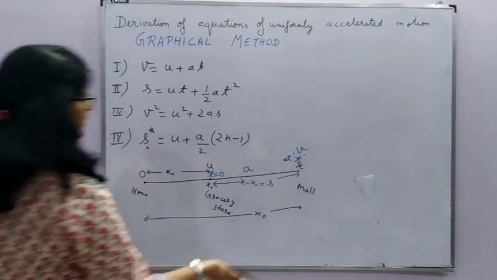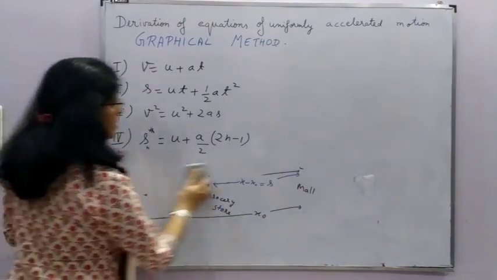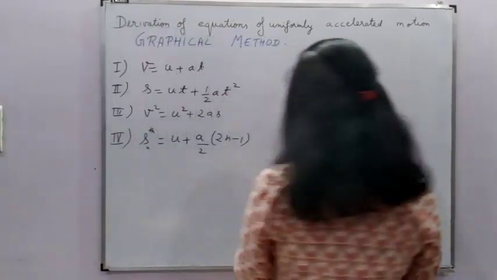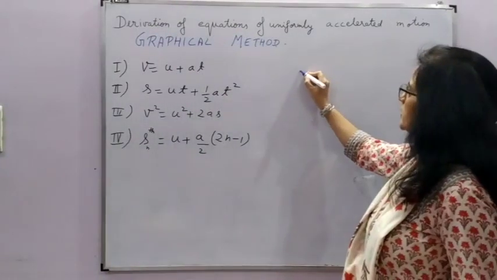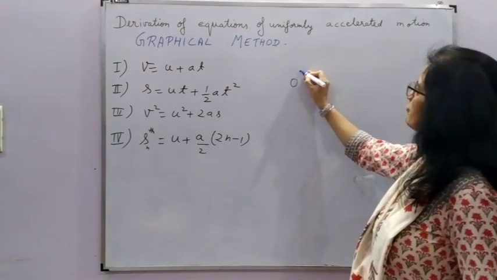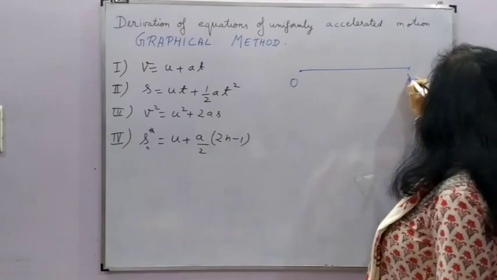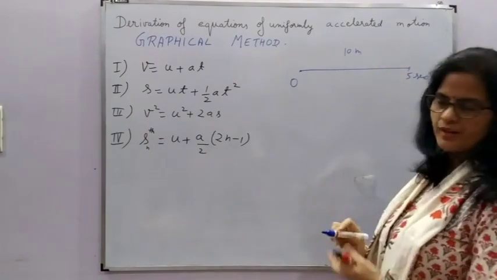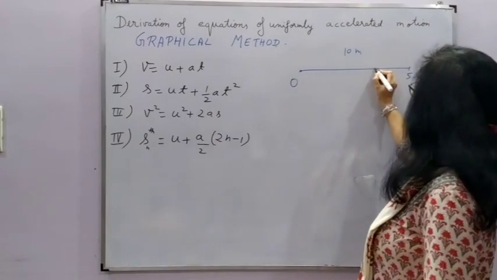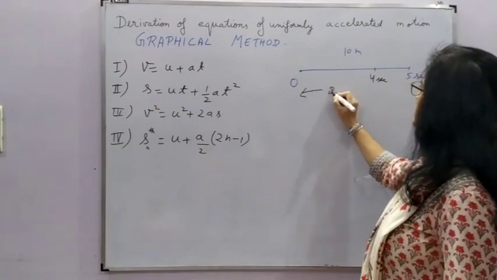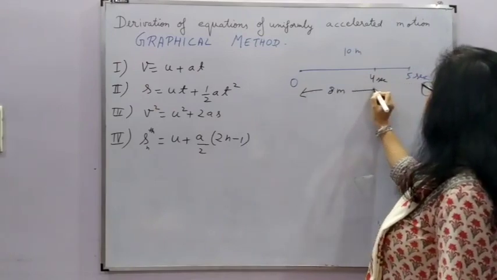For understanding this, let's take an example. Suppose the distance travelled in 5 seconds is 10 meters, and suppose the distance travelled in 4 seconds is 8 meters.